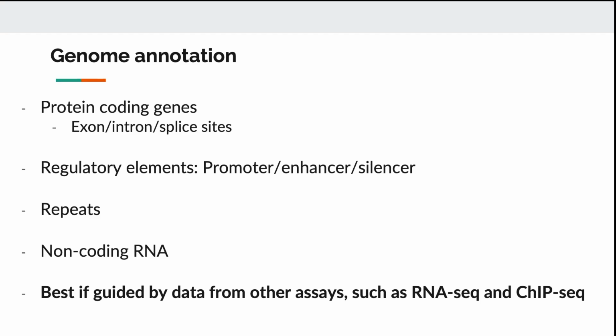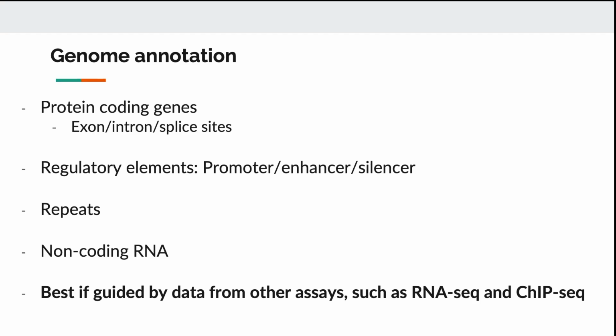Like if you do RNA sequencing, you don't need to guess the start or the end or the position for the intron because you get all those from RNA sequencing. When you map RNA read to the genome, your read is going to map to exons. So that can tell you exactly where things are. And if you perform ChIP-seq, you're going to know where transcription factor binds, so you know the position for certain regulatory element directly without having to guess from the sequence data.